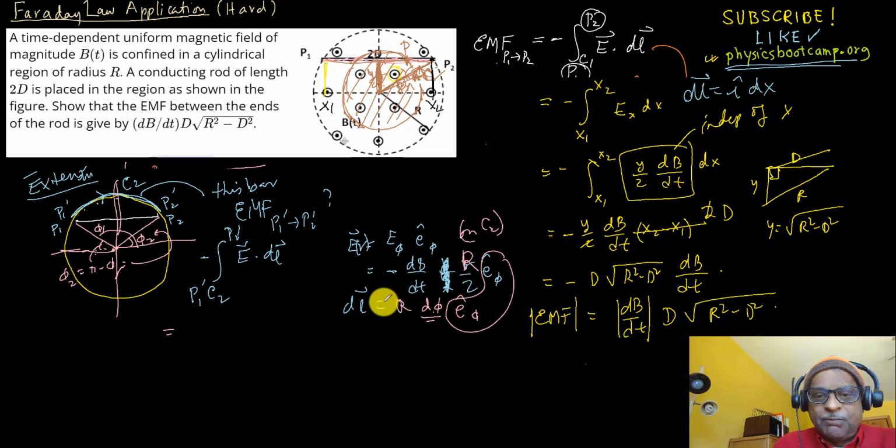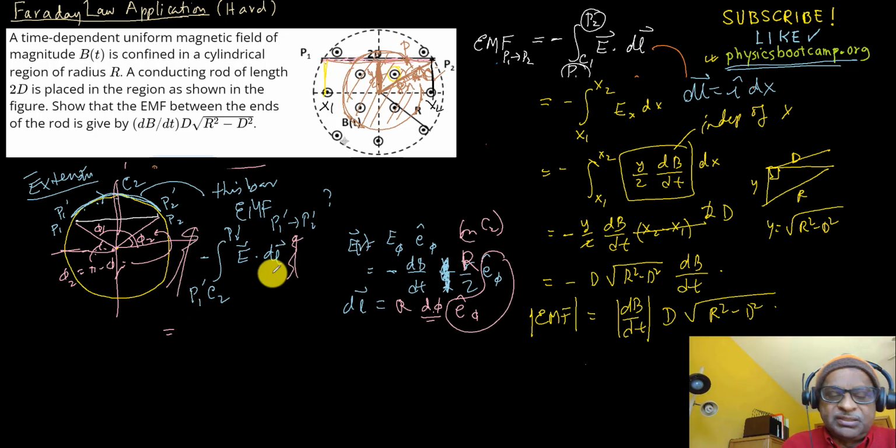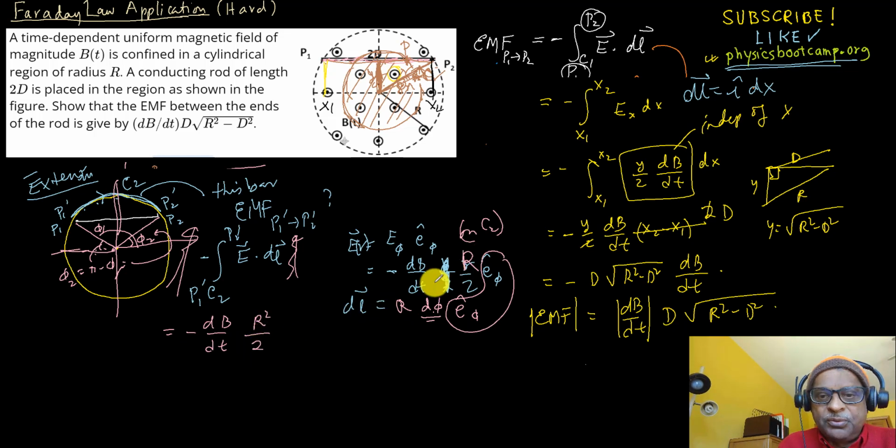So when you do the integration, let's look at absolute values. Well, not necessarily drop the absolute value, just keep the sign dB dt times r squared over 2, and then phi gives me phi 2 minus phi 1. Phi 2 equals pi, phi 1 equals pi minus phi 2.